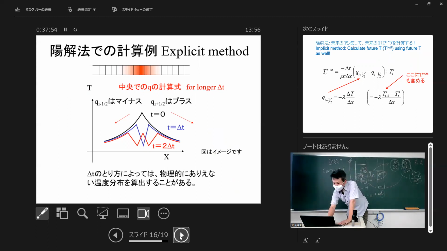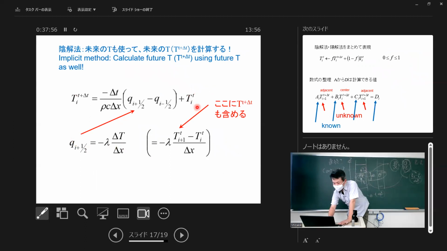So this is just the explicit method, and this is the Fourier equation and the continuity formula here.